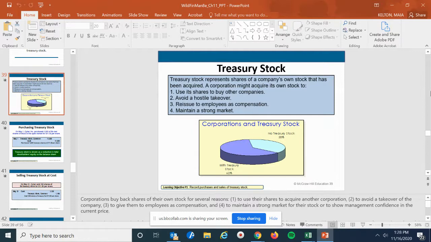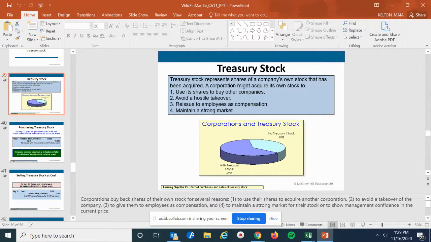Some other reasons, let's say the company's shares are trading at lower prices than the company wants, then they may buy them back to encourage a price increase, or to maintain a strong market. There are a couple of other reasons. The company may be buying back their shares to avoid somebody else buying the company.